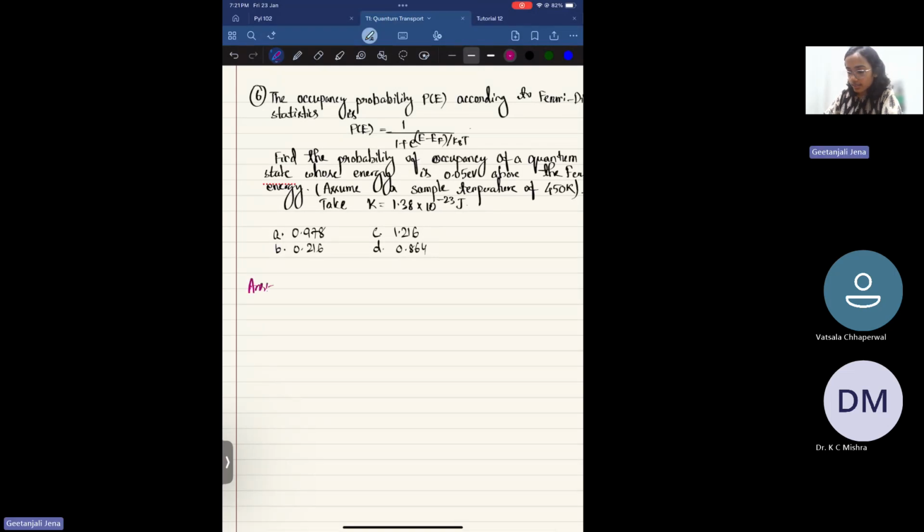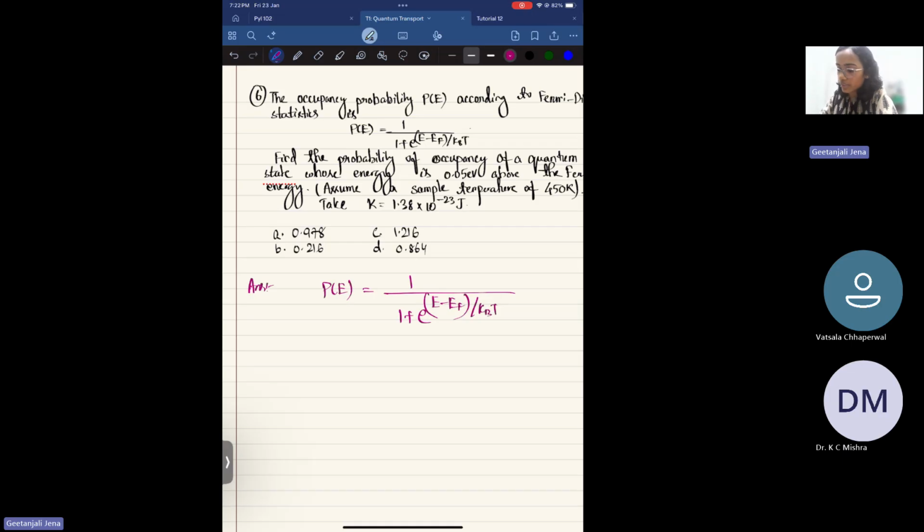Question 6 is quite easy. It's given the occupancy probability according to the Fermi-Dirac statistics is P of E is 1 by 1 plus e to the power (E minus EF) by kBT. Find the probability of occupancy of a quantum state whose energy is 0.05 electron volt above the Fermi energy.